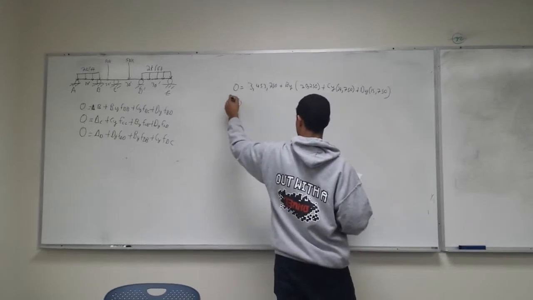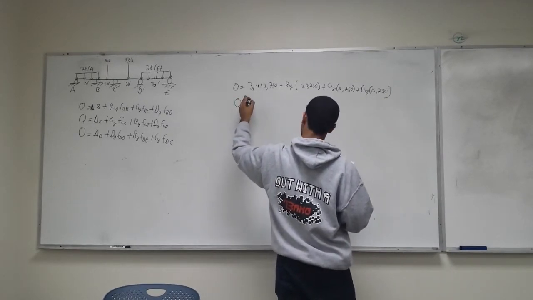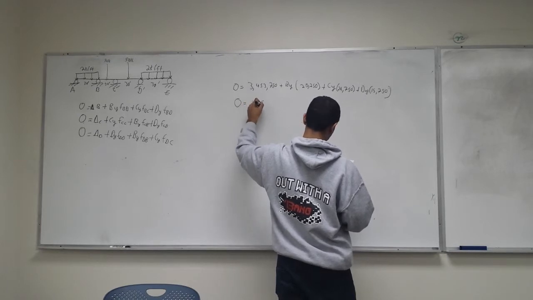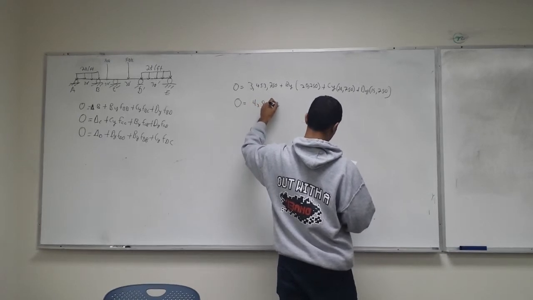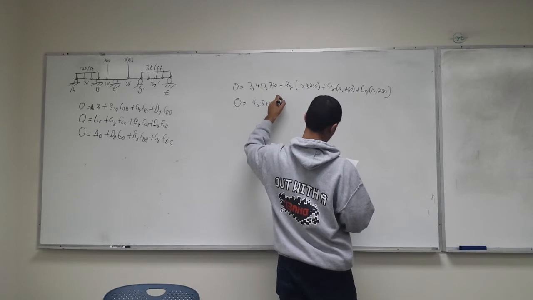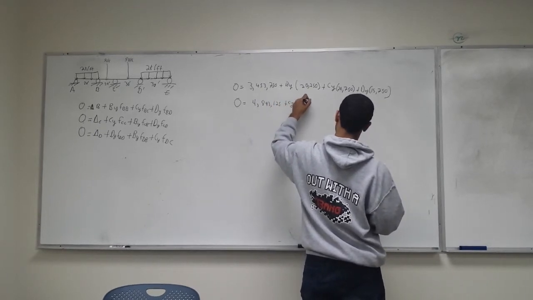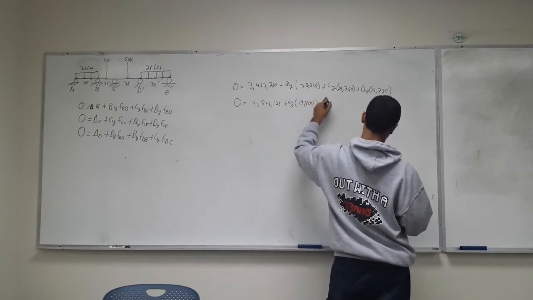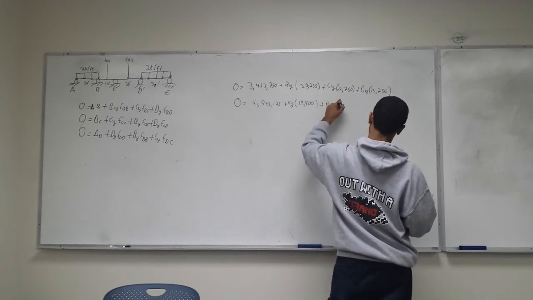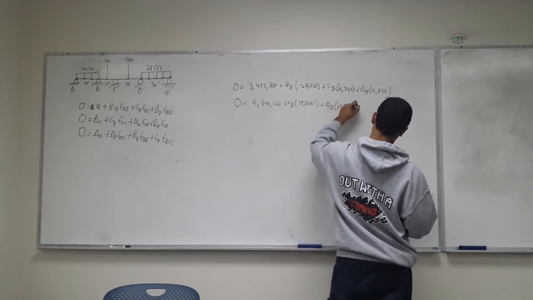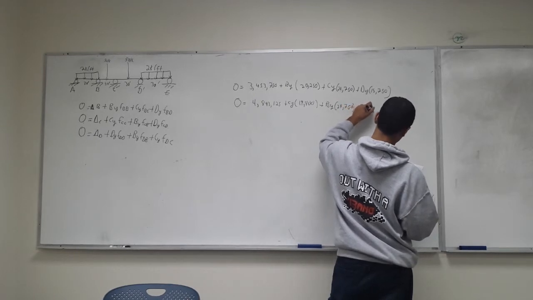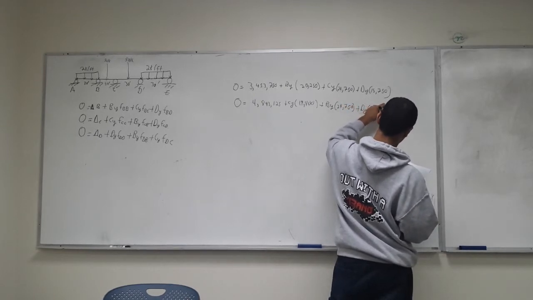And then for our second expression, we have 0 equal to 4,843,125 plus CY times 19,800 plus BY times 24,750 plus DY times 24,750.